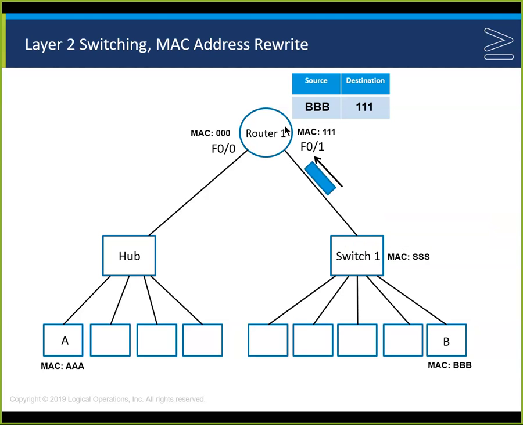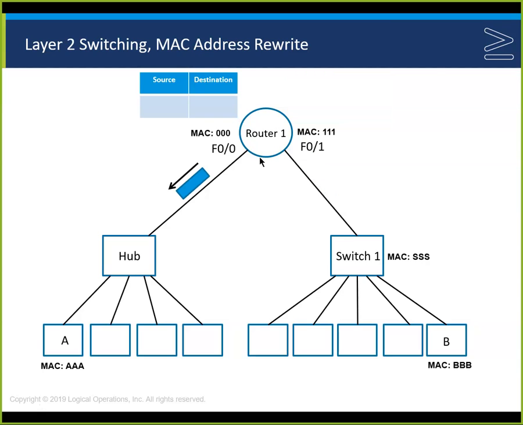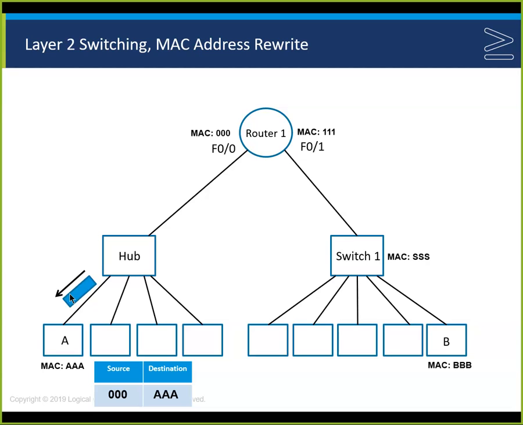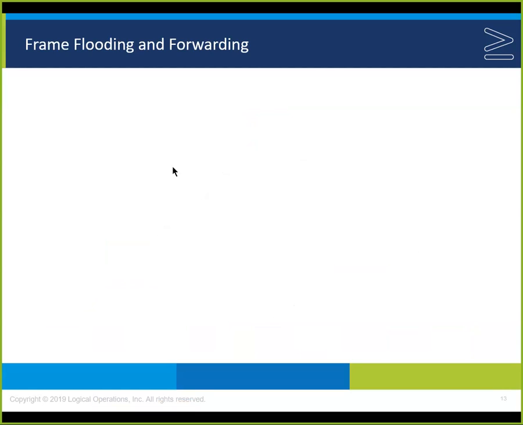Same thing when we get up here. Now, when we get on the downside of the router, the source MAC is going to be 000, and the destination MAC is going to be AAA. Same thing when we get down here until we get from one location to the other location. So frame rewrite happens with these things, and we have to account for that when we do that.